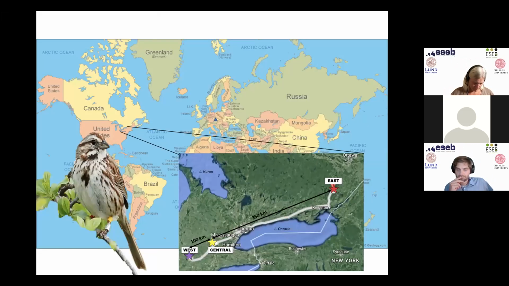Now, just to get you all oriented, we, of course, at least in spirit, we're here in Prague, but my study site is here in the very southern part of Canada. Here we see a song sparrow. This is the most geographically variable bird in North America. It varies not only in morphology and behavior, but also we now know in terms of disease resistance.